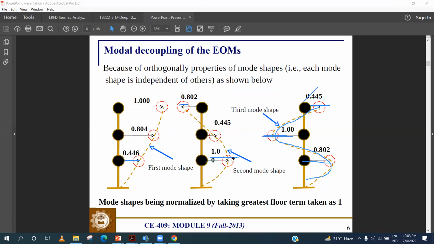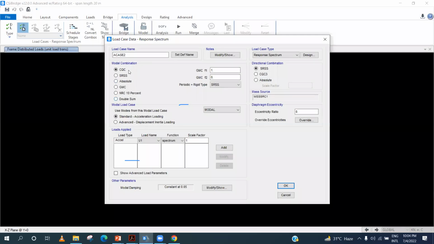There are different techniques for them. One is CQC. Let's call this spectrum.